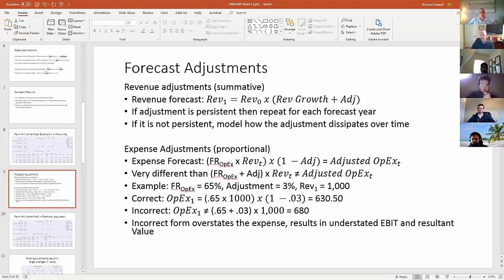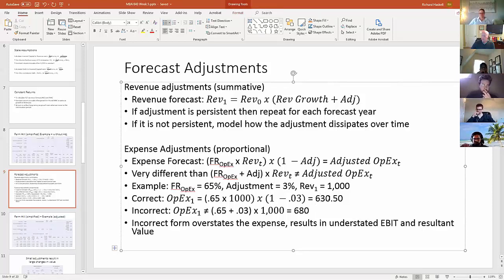Or if you're not thinking about this well, you might take the forecast ratio plus the adjustment and then multiply that by the revenue. But when we do it, it gives us 2 different values, 630.5 when done properly, or 680 when doing it improperly.